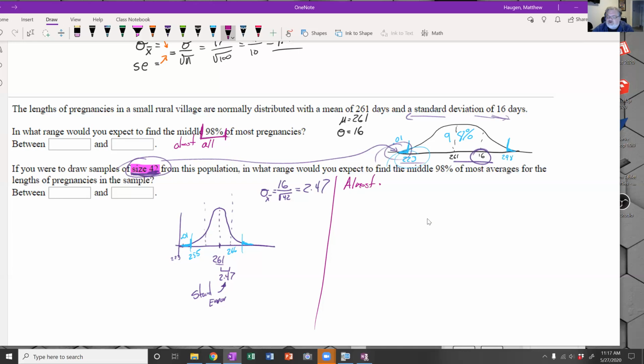Almost all, 98% of pregnancies fall between 223 and 298 days.